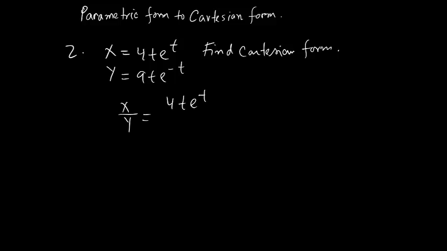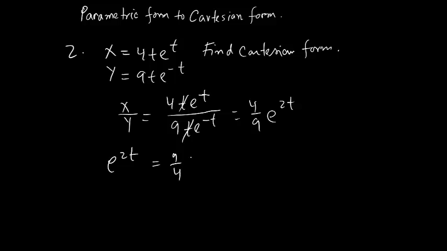So the best way here will be to divide x by y because it's exponential. So you have 4t e to the t and then 9t e to the negative t. You can see that this t cancelled out and you have 4 over 9 e to the t plus t, which makes it 2t. And then you can see e to the 2t equals 9 over 4, or you can say 9x over 4y.